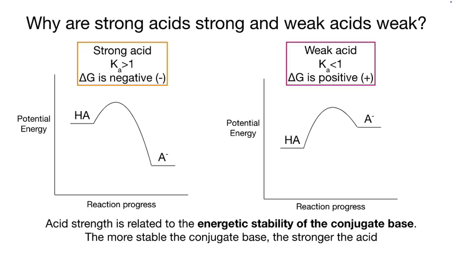So we can look at the energetic stability of the conjugate bases. And then you encounter this fun statement: the more stable the conjugate base, the stronger the acid. How do you know what makes stability? Do you care what makes stability? In this class, not really. If you're going to move into organic chemistry, yeah, really, we're going to be concerned about it.